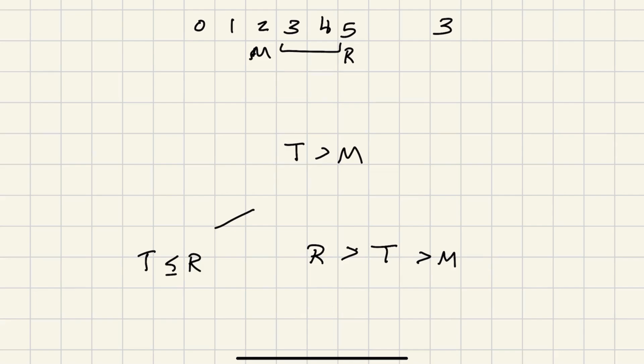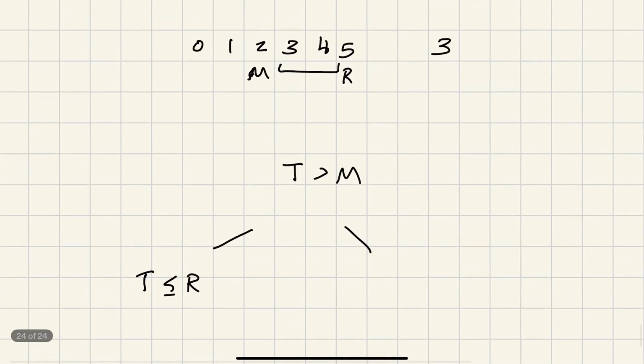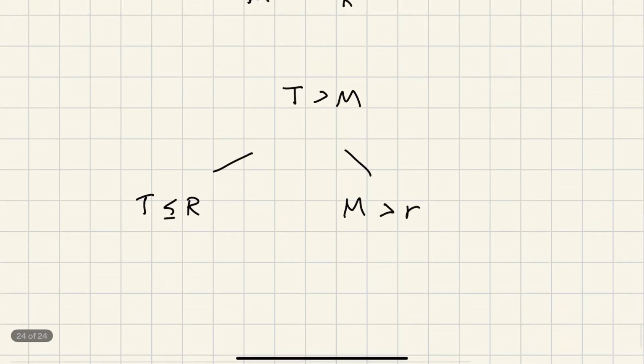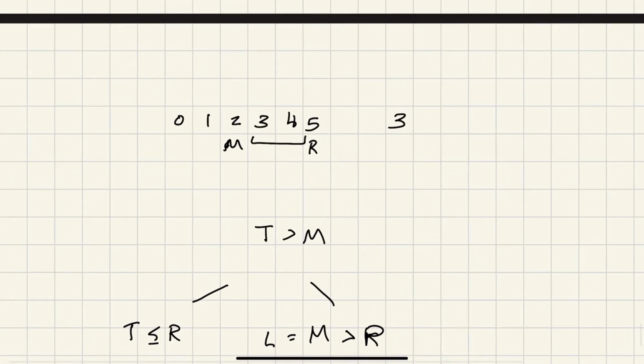What's the other case where this could be true? The other case is actually if mid is greater than right. Well, remember, it's the same thing. Mid is equal to left, and if left is greater than right, then we know that this is not a sorted subarray.